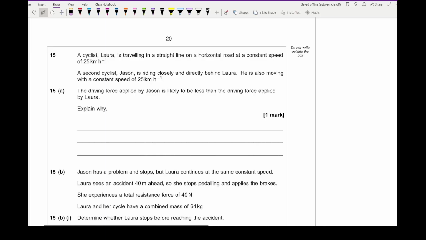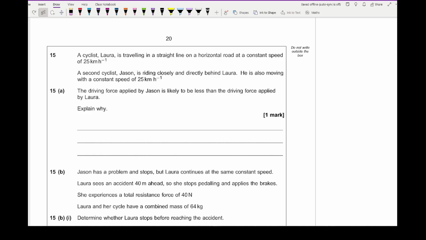Question 15. A cyclist, Laura, is travelling in a straight line on a horizontal road at a constant speed of 25 kilometers per hour. A second cyclist, Jason, is riding closely and directly behind Laura. He is also moving with a constant speed of 25 kilometers per hour. The driving force applied by Jason is likely to be less than the driving force applied by Laura. Explain why.